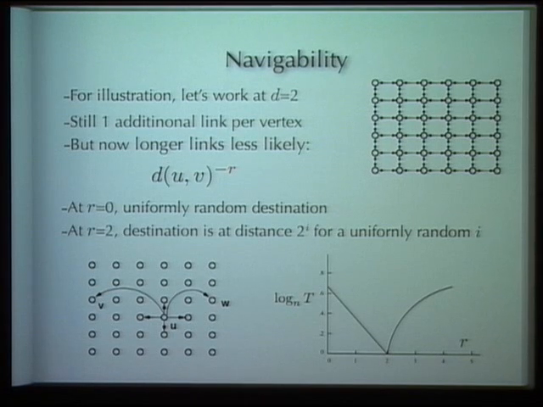So all my routing is going to be done by local information. And the theorem he showed is that if you pick this R just right, this will work. Basically, if you make R too small, you can't aim. If you make R too big, there are not enough long edges to be able to achieve what you want.